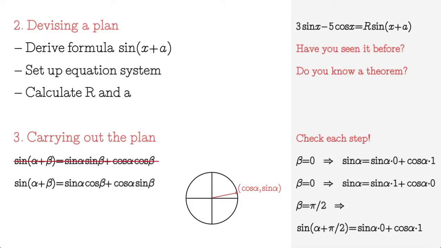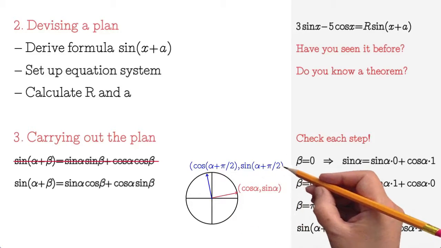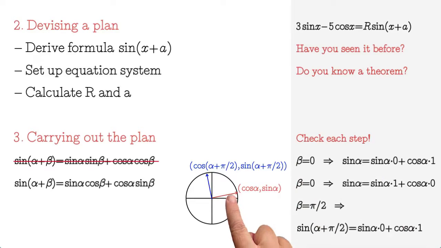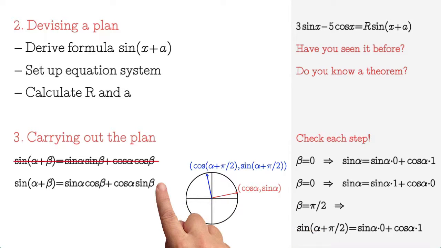When we rotate a radius vector pi over 2 radians, or 90 degrees, the cosine alpha, which is the projection of the red vector on the x-axis, is equal to the projection of the blue vector on the y-axis, and that is sine(alpha plus pi over 2). Hence, we conclude that this formula is correct.